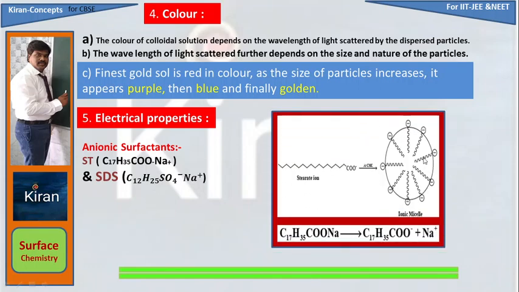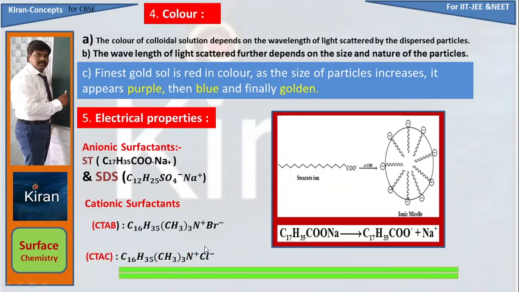So this is about micelle formation. Anionic surfactants, when dissolved in water, form ions, and it is these ions that are responsible for electrical conductance. Examples of cationic surfactants are cetyl trimethylammonium bromide and cetyl trimethylammonium chloride.